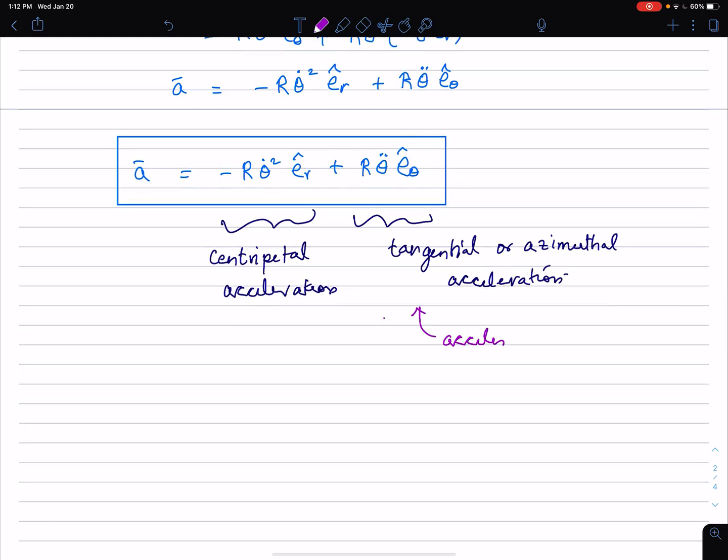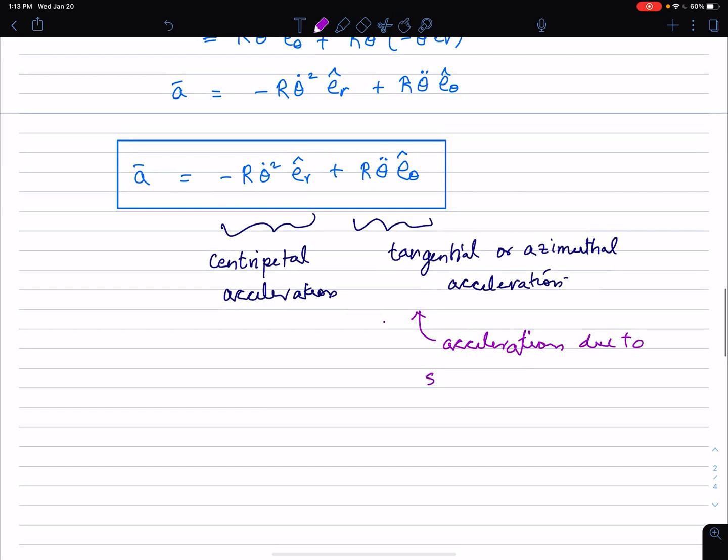Acceleration due to speed v, namely the velocity magnitude, changing.